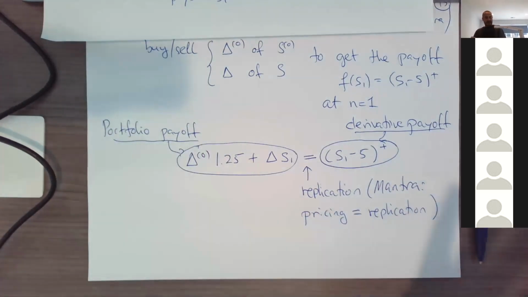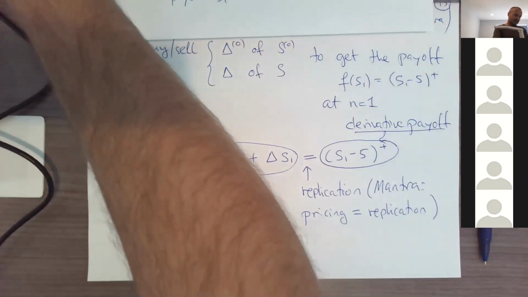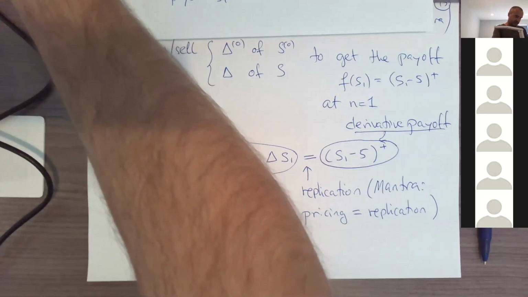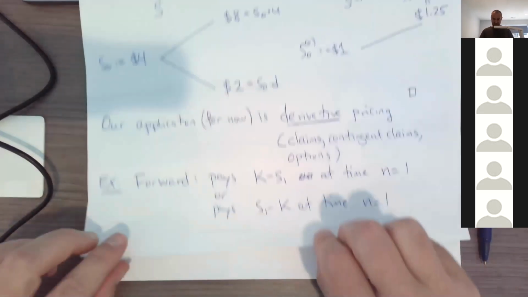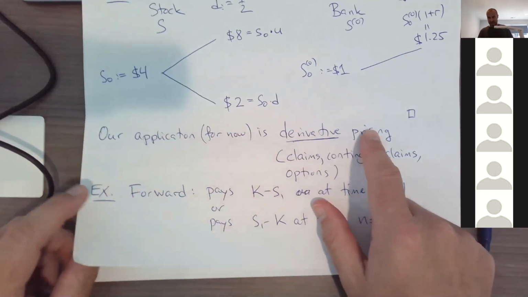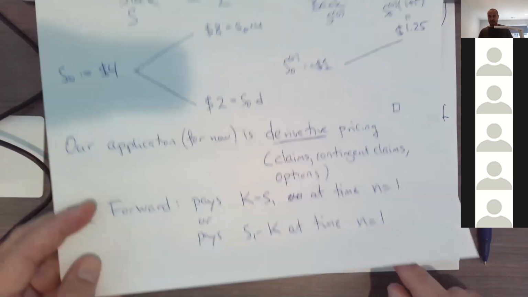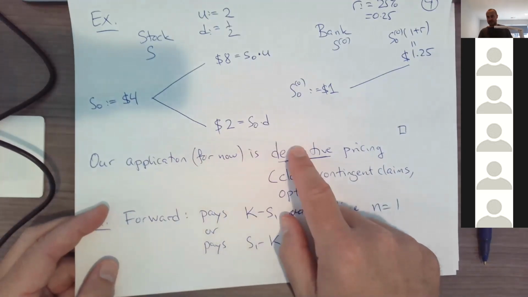So this should be a big hint. Remember what our main application was. Right here. Our main application is derivative pricing. So if the mantra is that pricing is replication, then our main application is replication.